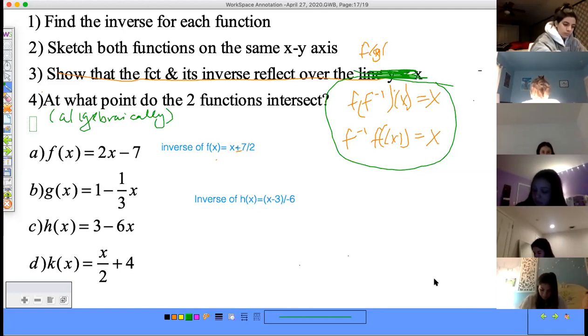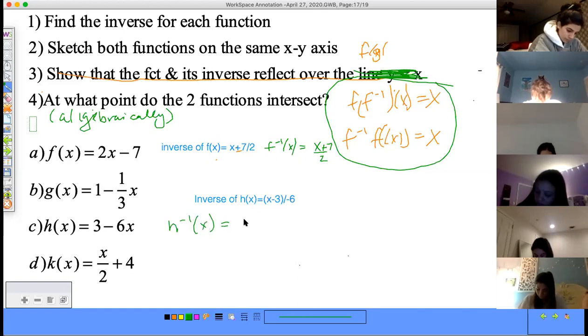Okay. So I'm going to come in here so I can write. We can say that f inverse of x for this one is equal to x plus 7 over 2, right? And then does somebody have g inverse of x over here? So then you have h inverse of x is equal to x minus 3 over negative 6.